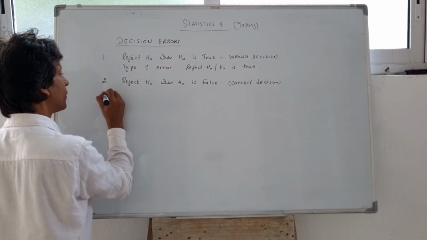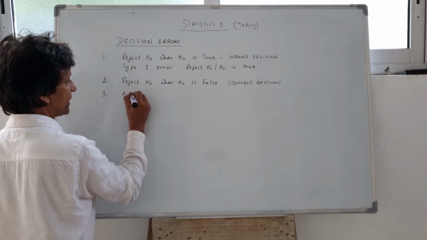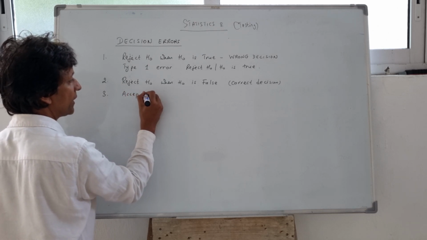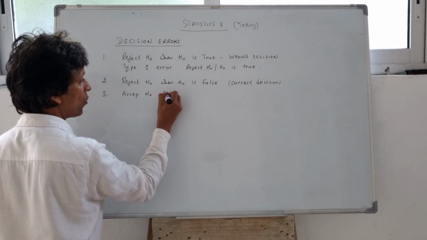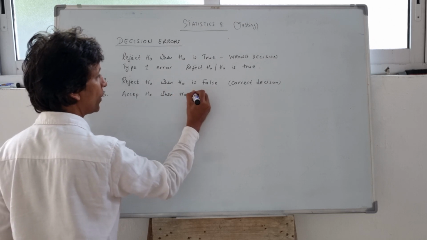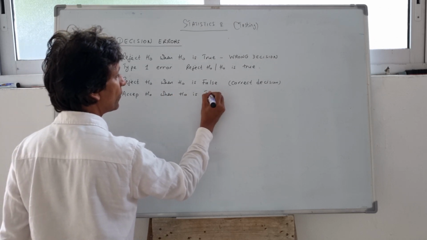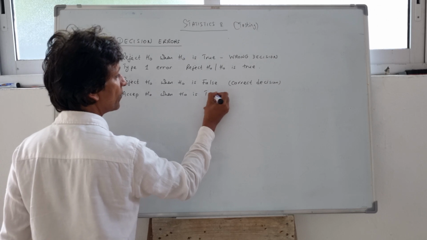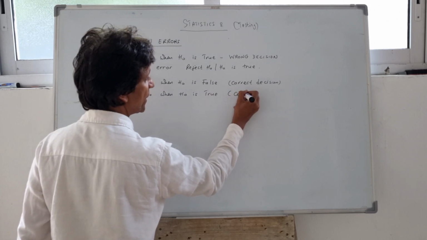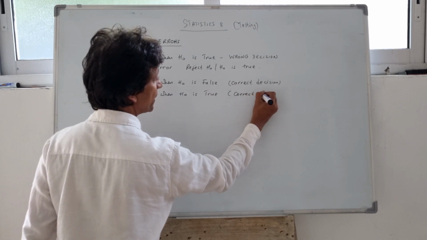Okay, you may have another correct decision that you accept H0 when H0 is true. And also this is the correct decision.